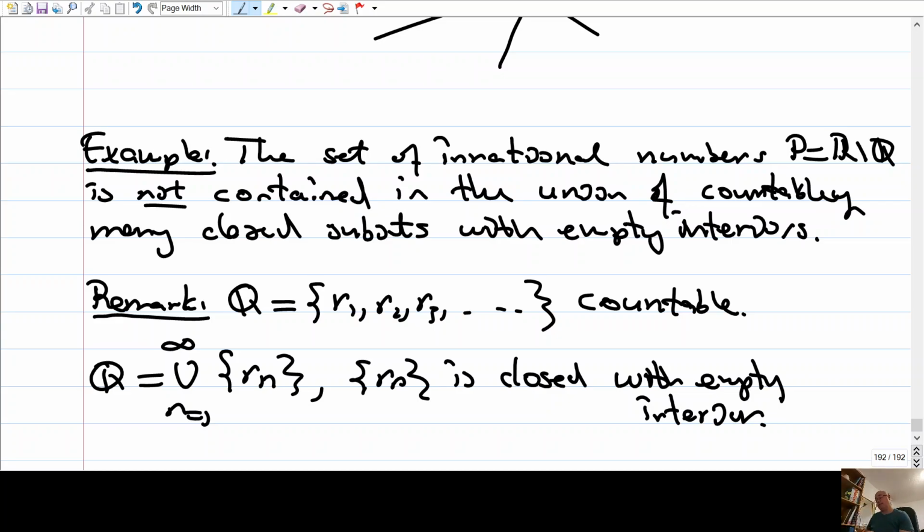But we claim that you cannot do this to P. You cannot write the set of irrational numbers as the union of countably many closed subsets with empty interiors. You can do this to Q, but not to the irrational numbers. Let's prove this in the second hour. Let me give a break. After the break, let's consider this example.